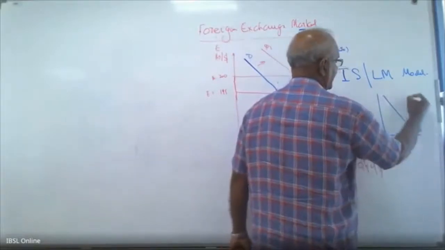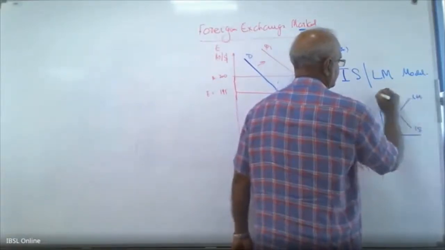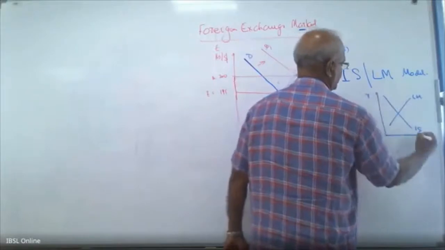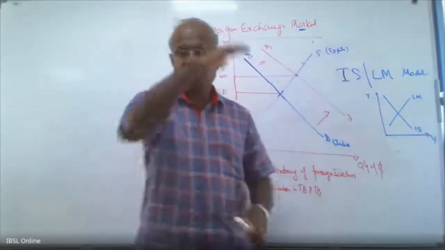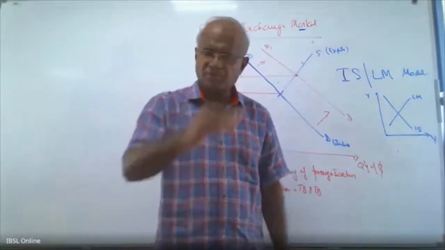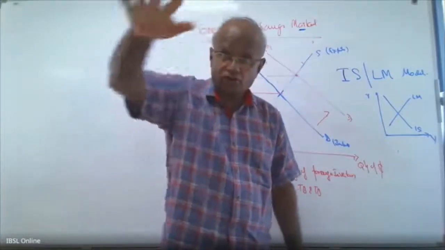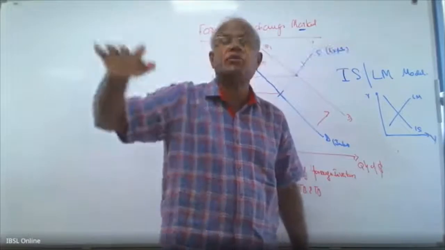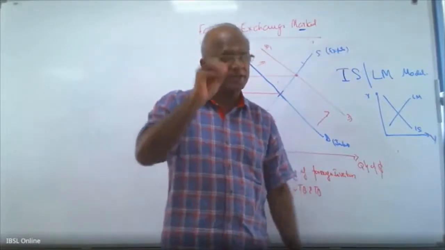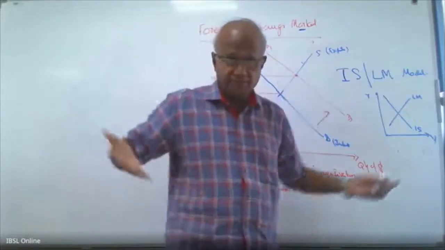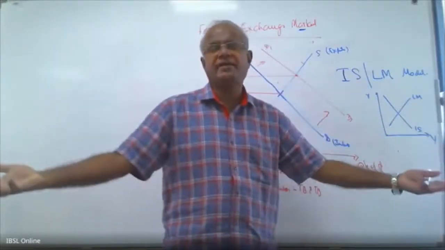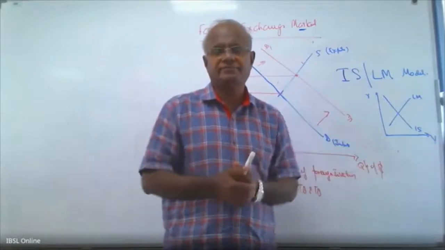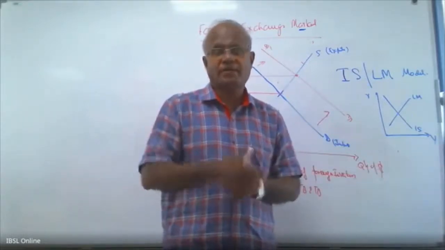The IS curve represents, in the macro sense, goods market equilibrium. Not only one particular good, but aggregate demand equals aggregate supply. Goods market equilibrium, IS curve, downward sloping.